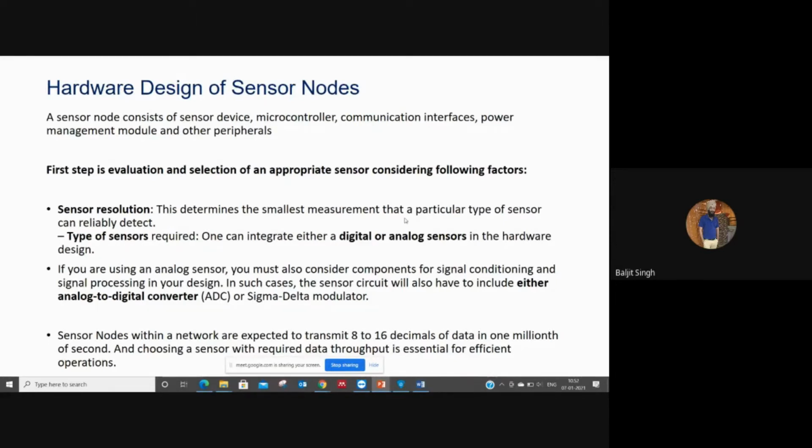Choosing a sensor with the required data throughput is essential for efficient operations. Out of all the sensors available, you have to choose a sensor according to your application and the requirement of data transmission speed.